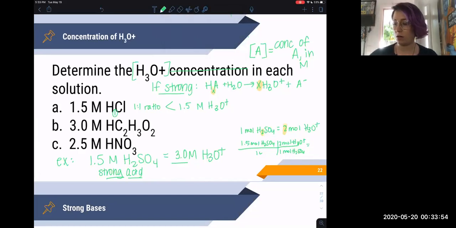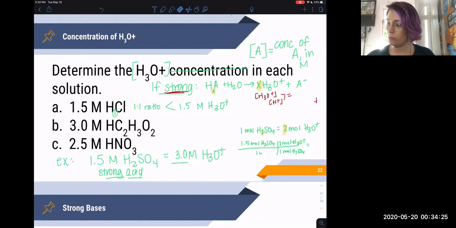So if it's strong, I can write my own shortcut with brackets: the concentration of hydronium, or the concentration of hydrogen, is equal to the concentration of the acid, usually written as HA, times the number of H's.